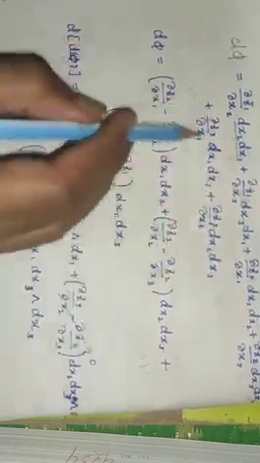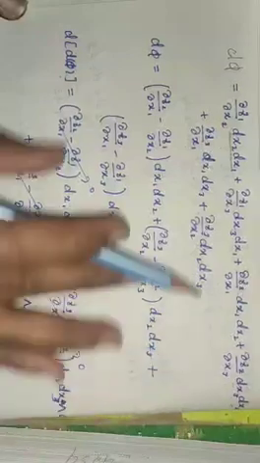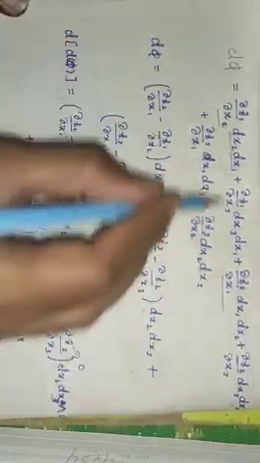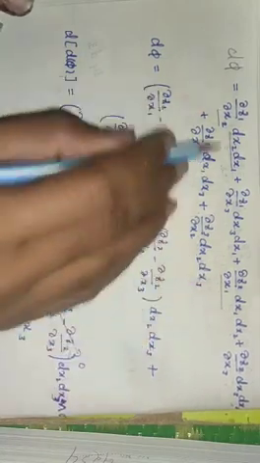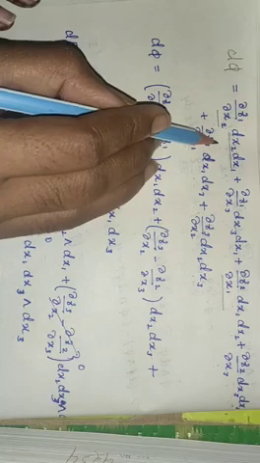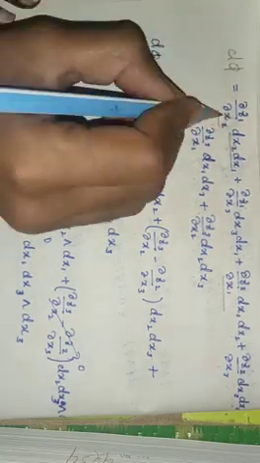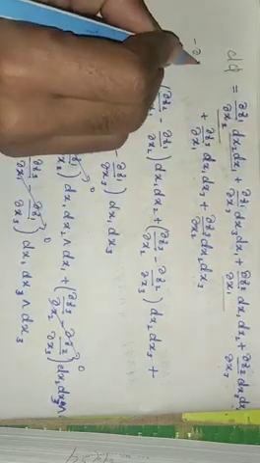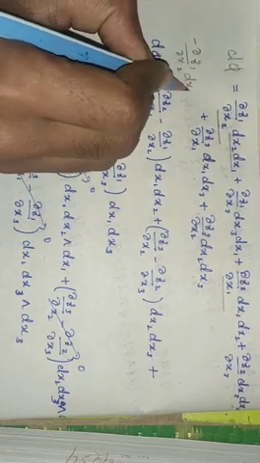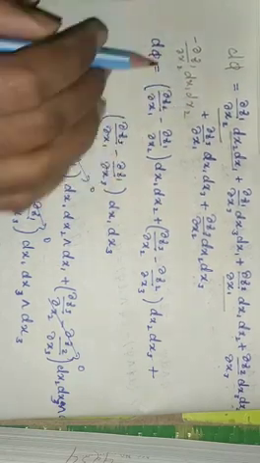Now look at this equation. We have to consider these two terms. Using the anti-commutative property, this term can be represented as minus del f1 by del x2 dx1 dx2. Can we write like this?